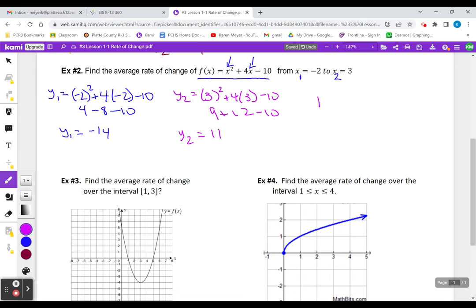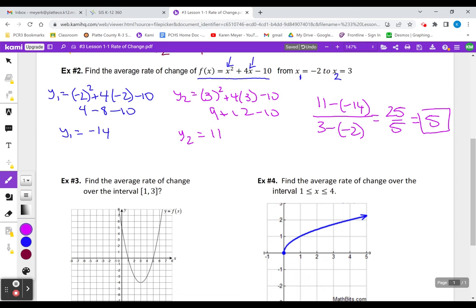So y2, which is 11, minus y1, which is negative 14, over x2, which is 3, minus x1, which is negative 2, sorry. And that will give me 25 over 5, which reduces down to positive 5 as my final answer.